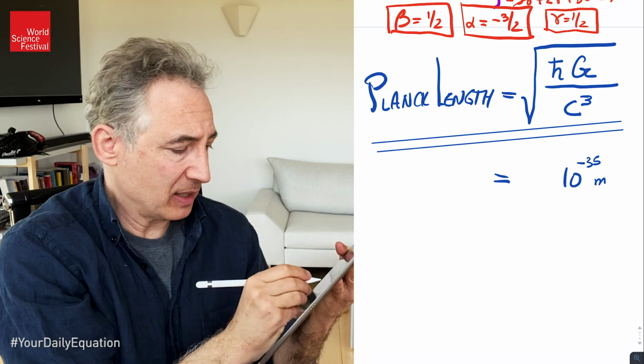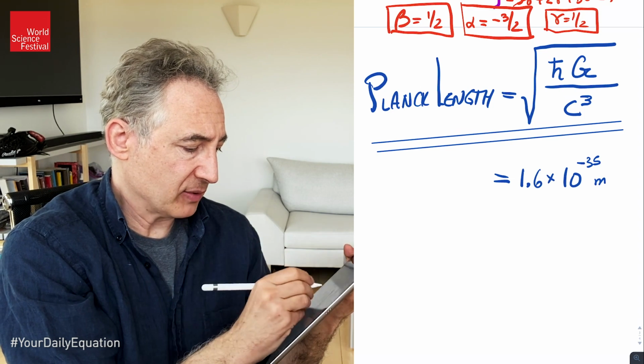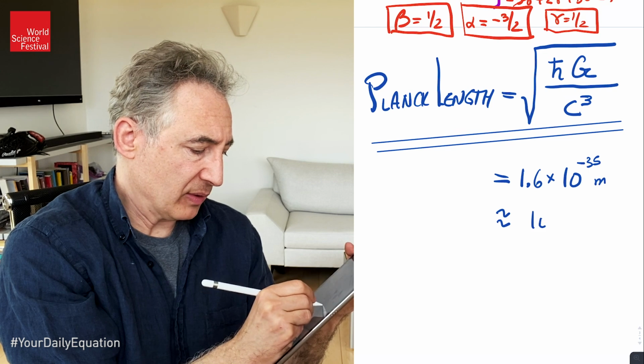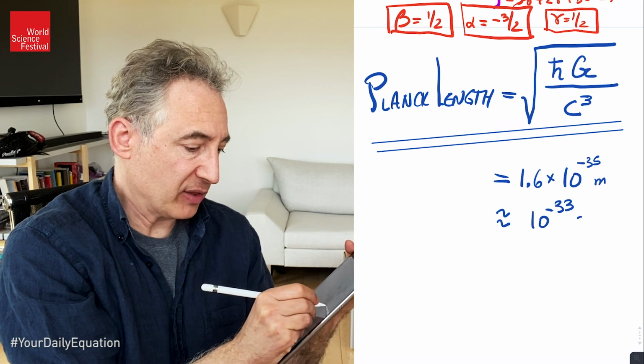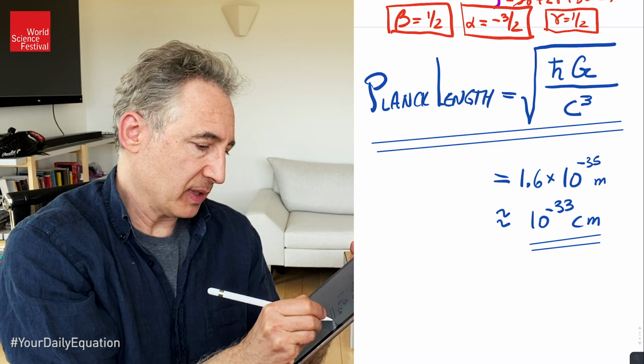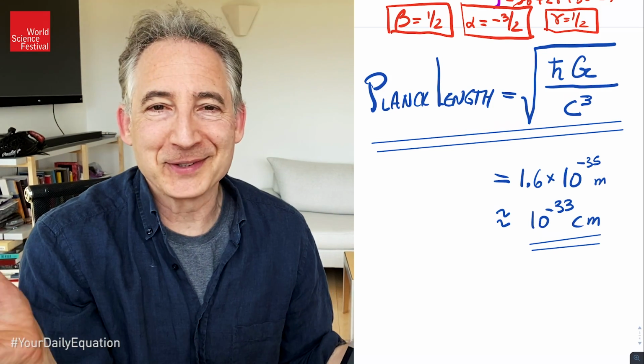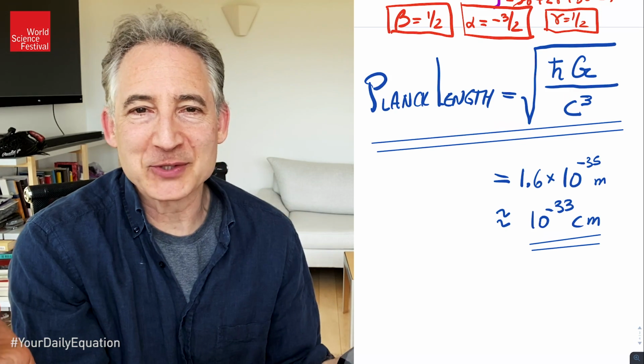And if you put in the numerical factor, 1.6 times 10 to the minus 35 meter, and this is on the order of also 10 to the minus 33 centimeters, which is the number that I typically quote when I talk about this. And that's where this fundamental length comes from, 10 to the minus 33 centimeters.